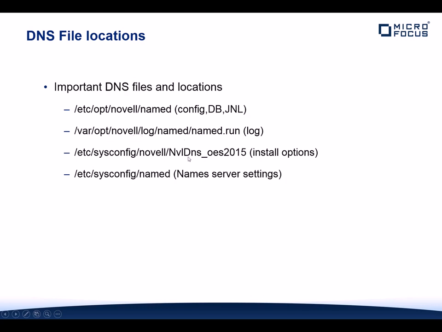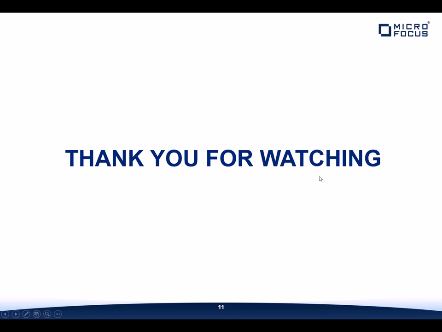And then if you want to see what the install options were when you were installing, nvdl_DNS_OES2015 is the file you have to see under /etc/sysconfig/novell. And then /etc/sysconfig/named is the name server settings file. You can change them from there. Okay, thank you for watching.